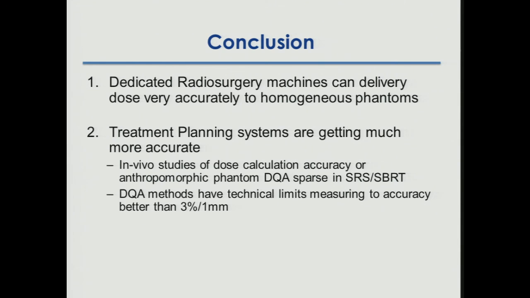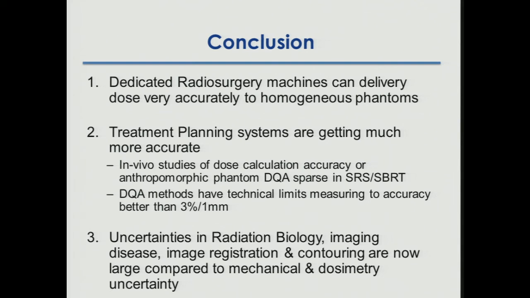We're starting to see more film-based papers, as Indran has shown, but it's still relatively sparse, and it's mostly targeted at lung and not at other targets like spine, where we also have large inhomogeneities. With the delivery quality assurance methods we currently have, we have technical limits measuring to an accuracy better than 3% in 1 millimeter. 3% 1 millimeter is pretty much film QA.